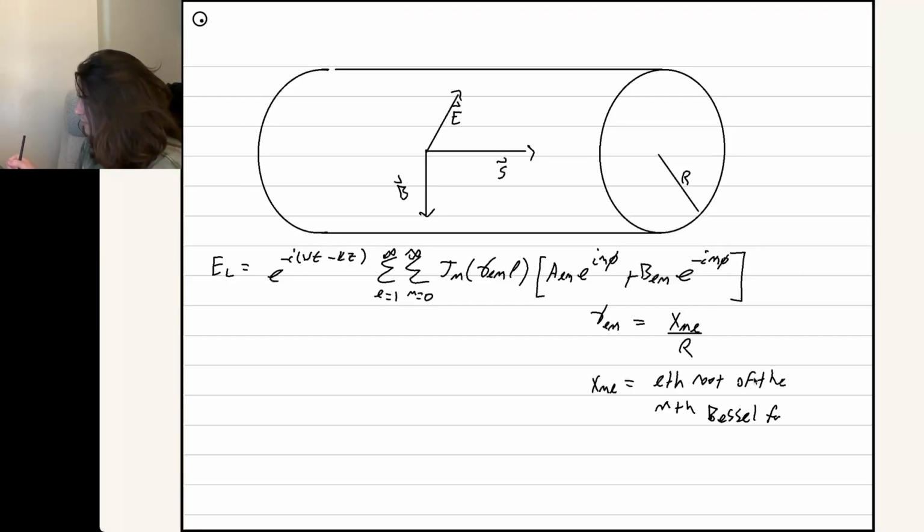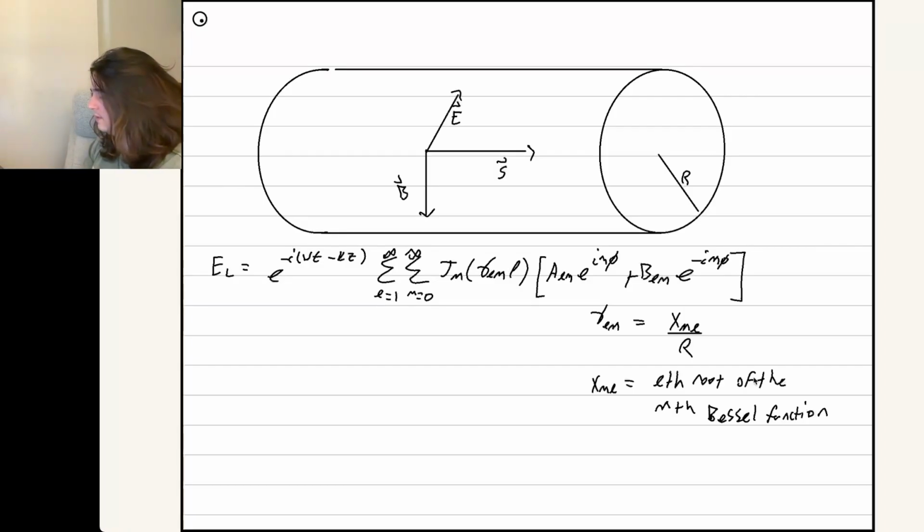That way, when you set your rho equal to r inside the Bessel function, you just get that the whole thing is 0, which is what we want for our boundary conditions. So awesome, that's our longitudinal electric field.